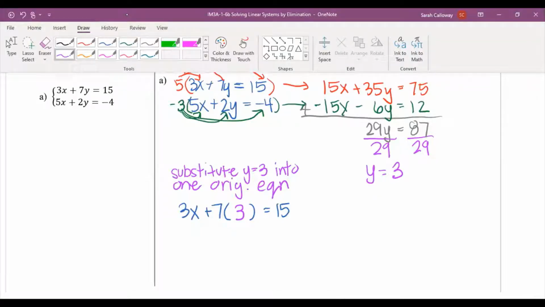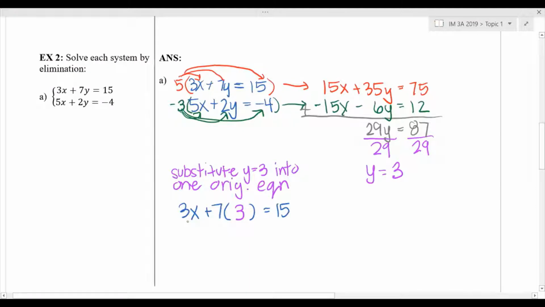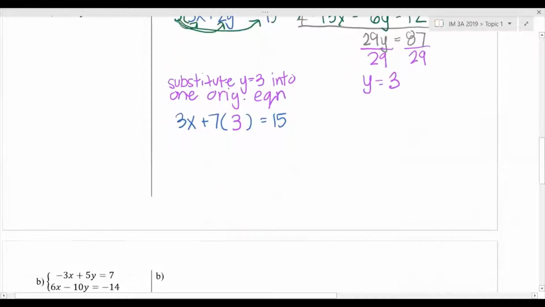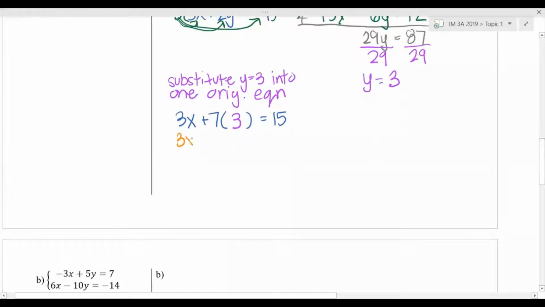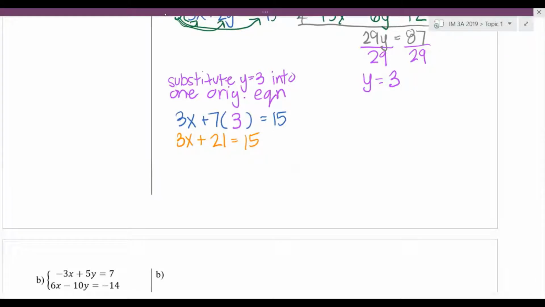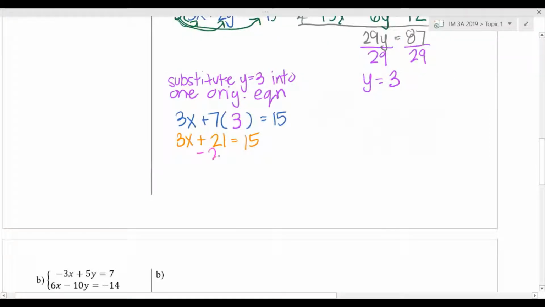So if we simplify that, we've got 3x plus 21 is equal to 15. And so then if we subtract 21 from both sides, that gives us that 3x is equal to -6.